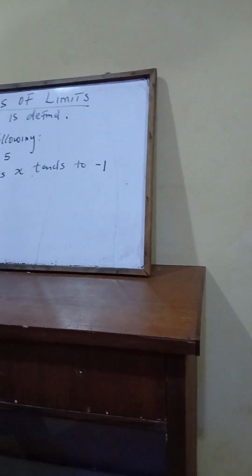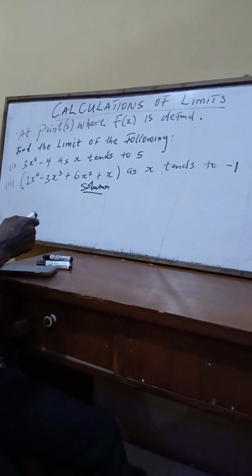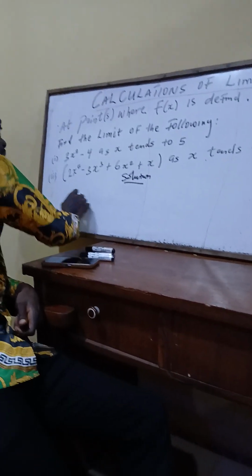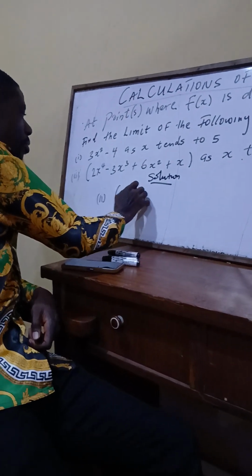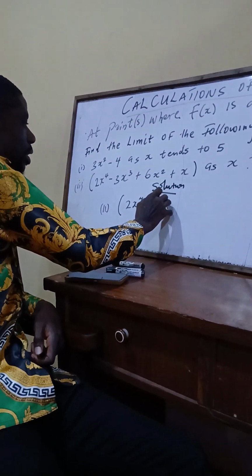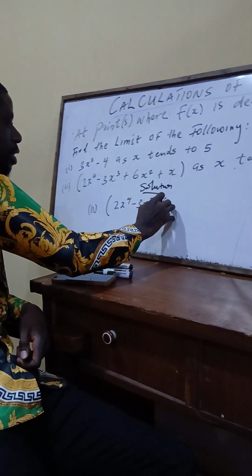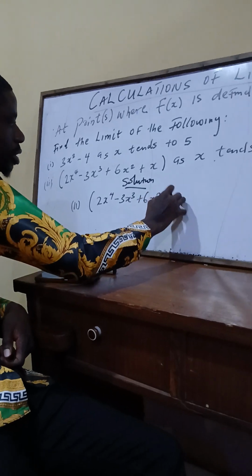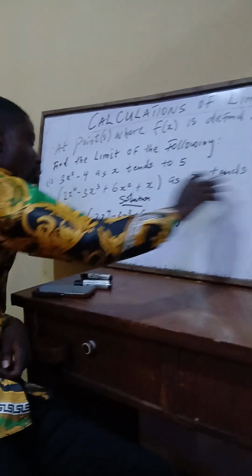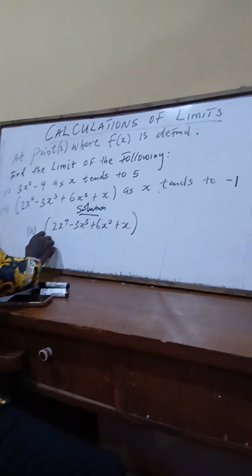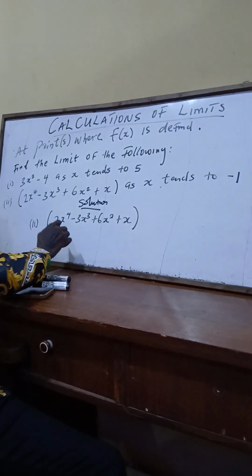So at this point (ii), we have brackets 2x raised to power 4 minus 3x raised to power 3 plus 6x all squared plus x, bracket. Here it says x tends to minus 1.